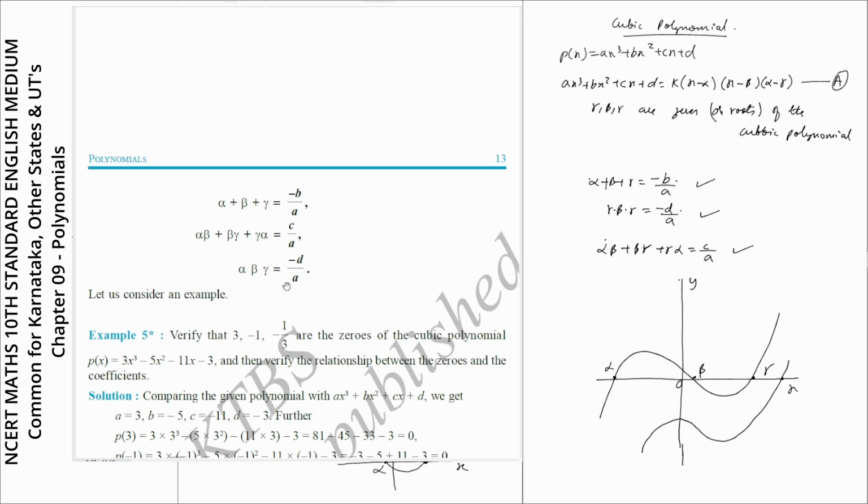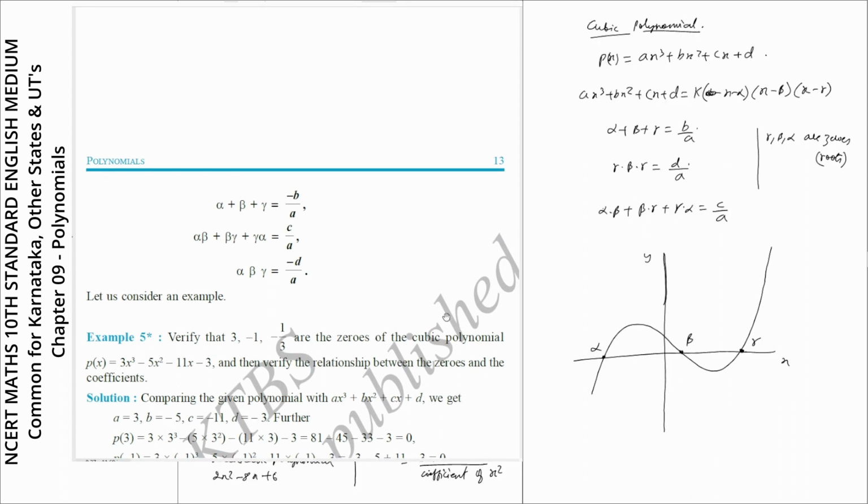They have skipped some steps, and that's not an issue. In equation A, if you expand the right hand side, you can still get this. You should just compare the coefficients of x cube, x square, x and constant term.